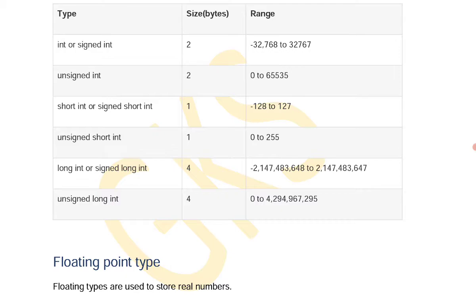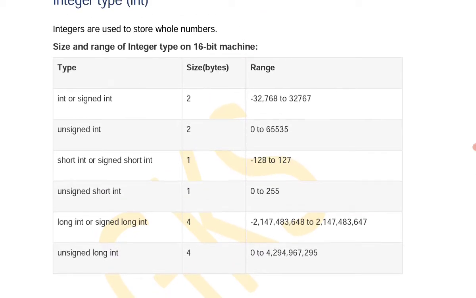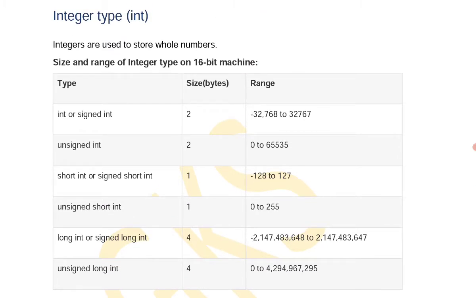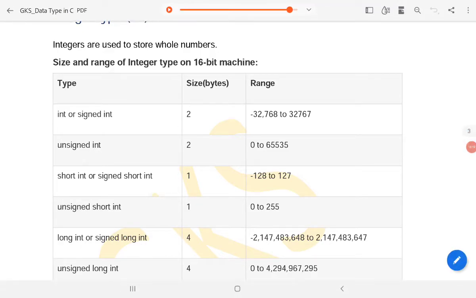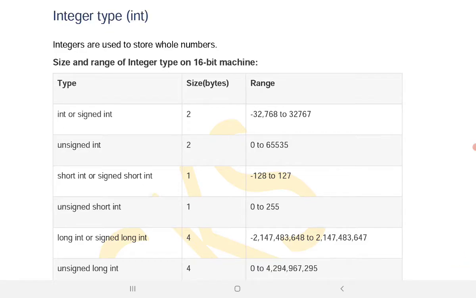All these are different types of integer data types. First one is int or signed int, second one is unsigned int, third one is short int.